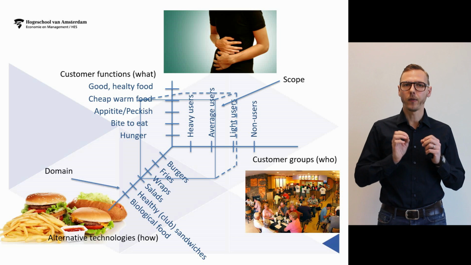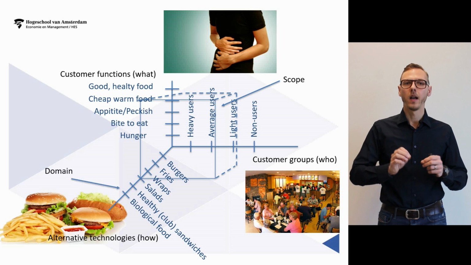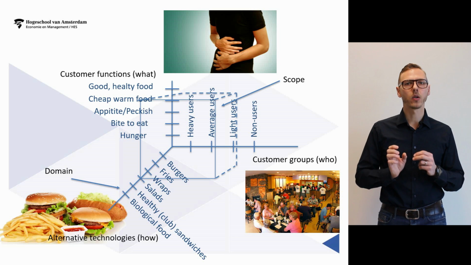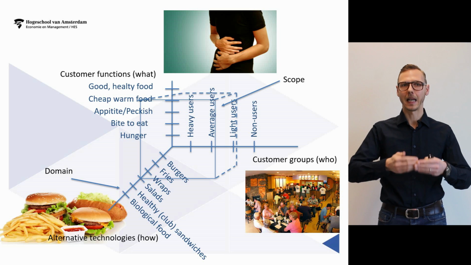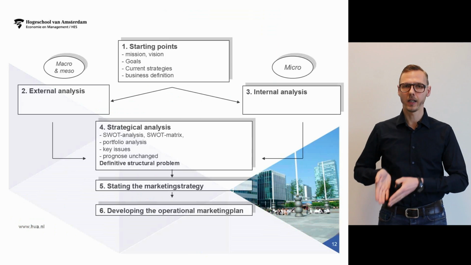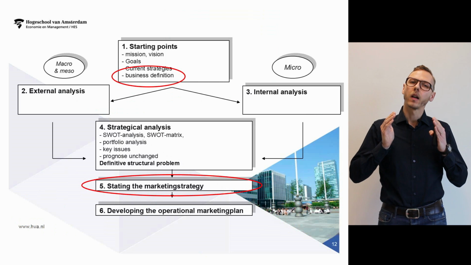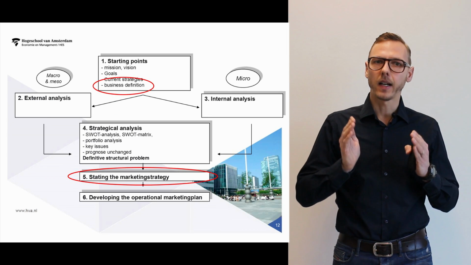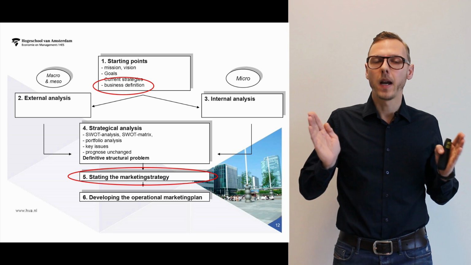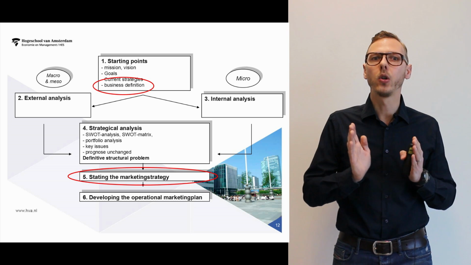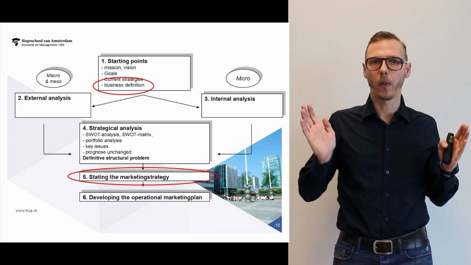So, if you did your analysis and you find out that there are certain groups which are really interesting for you, you could decide later in your planning process, see step 5 and further of the planning process, you could use that as a growth, or there is maybe growth potential. So you could broaden your scope.